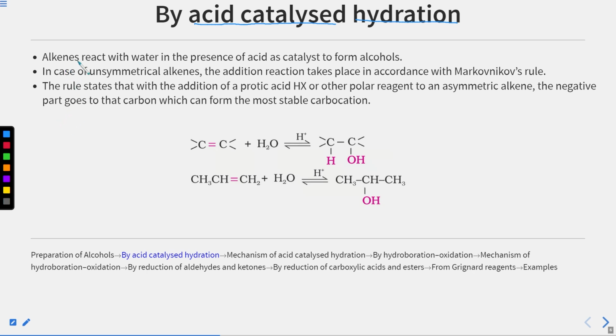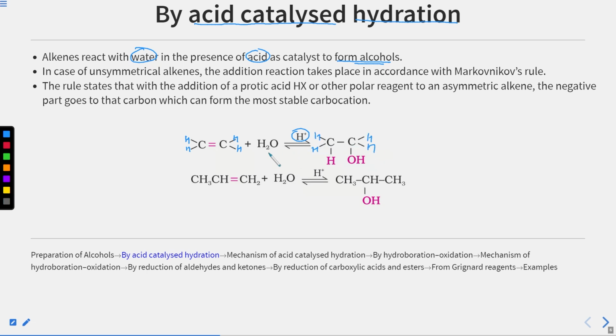So alkenes react with water in the presence of acid as catalyst to form alcohols. Here you can see a reaction. We have used an alkene here. The substituents are not defined, you can take it as H, H, H, H. Now if you treat it with water in the presence of H plus, you will get H and OH.